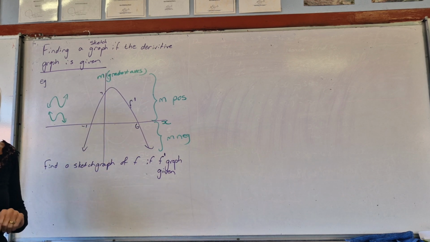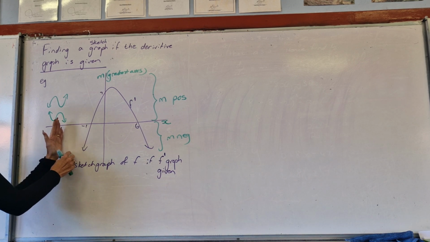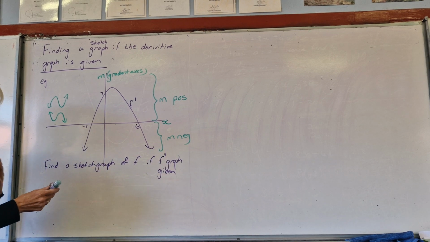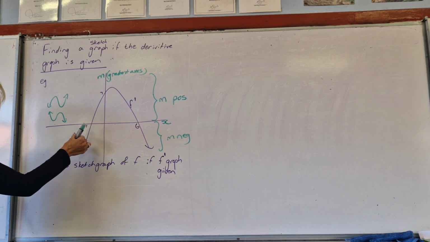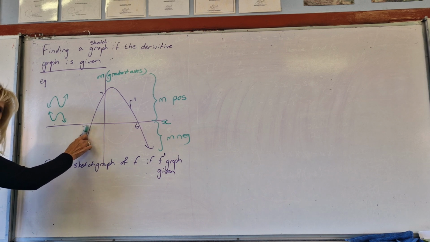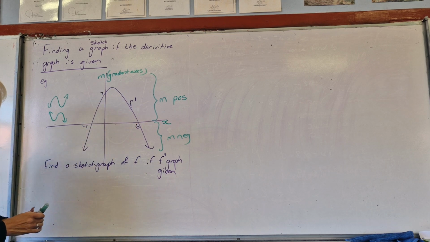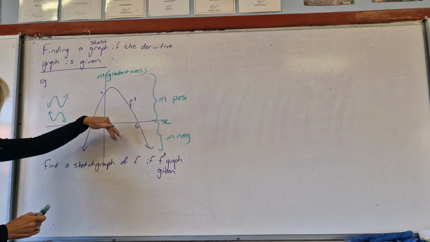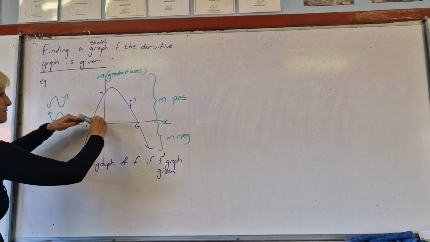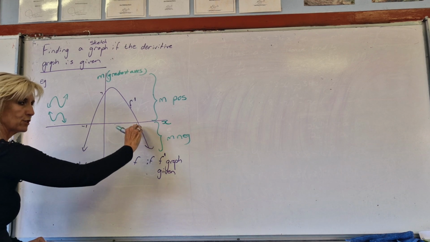So let's read it together. In South Africa, we read from the left. So first of all, the gradient was negative. Are you feeling uneasy? Gradient negative. Yes, it doesn't feel right. Then the gradient is positive. Feels uneasy. This gradient is positive. And then the gradient is back to negative.